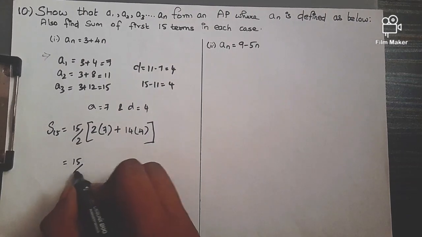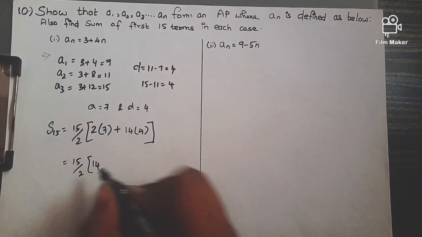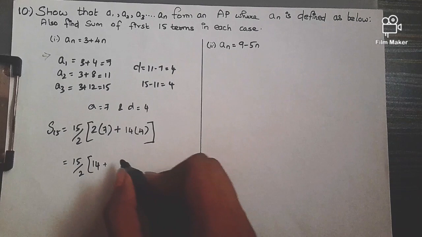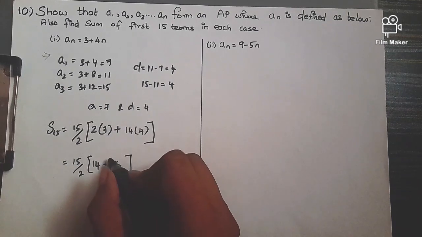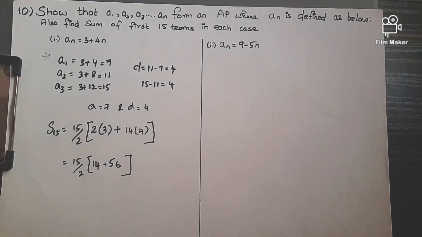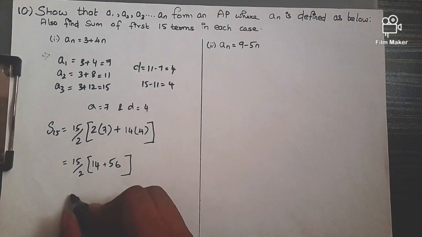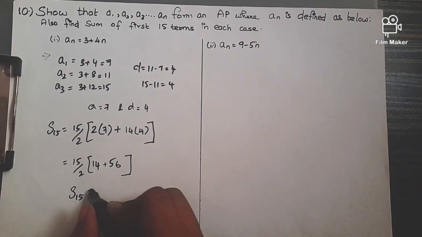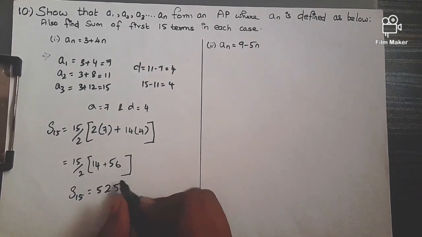When you solve this, 15 by 2 into 14 plus 56. Now when you solve it, you get the sum value to be 525.